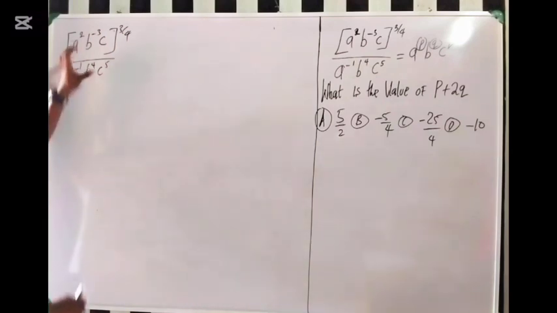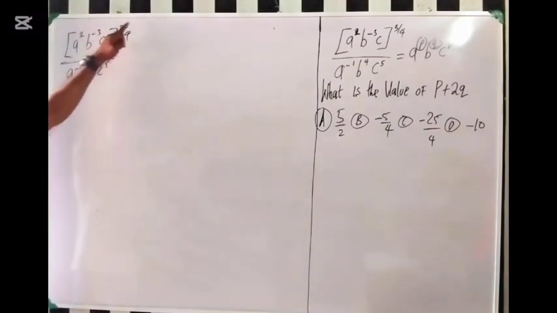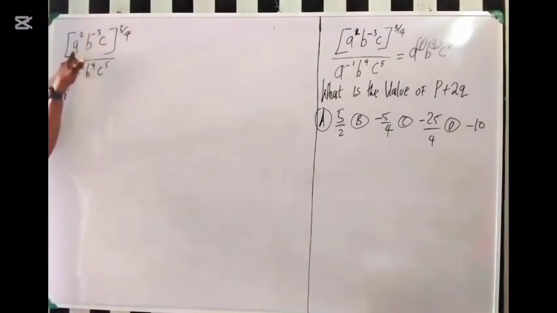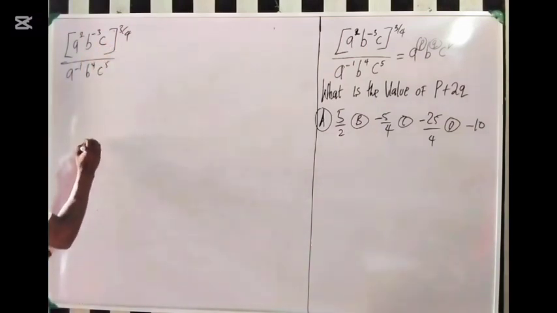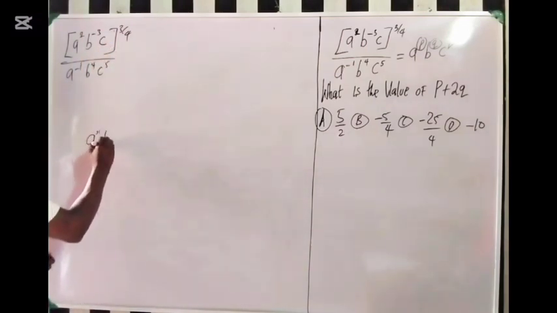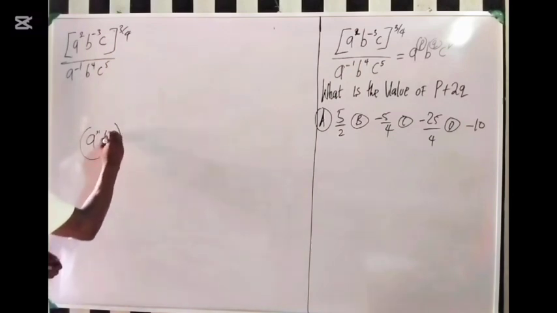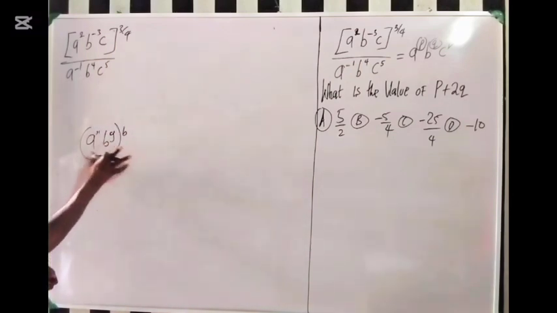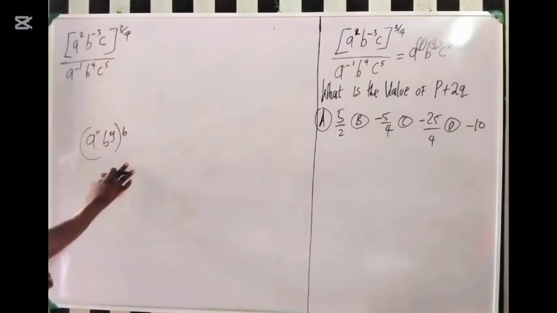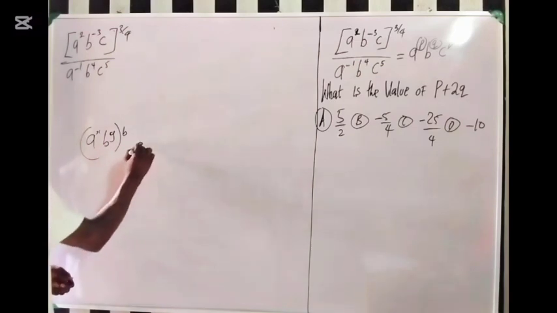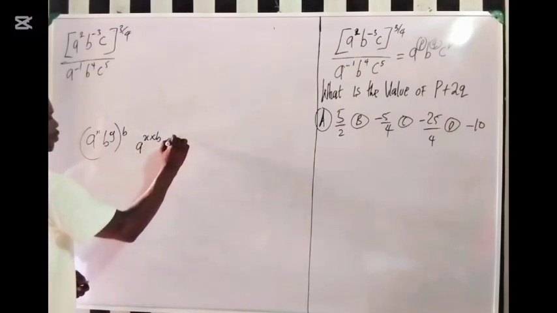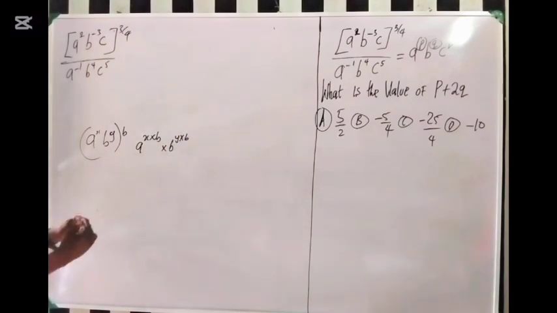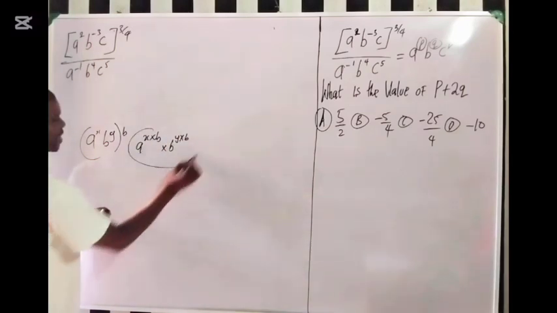Now, the first thing to do here is to open this bracket. Remember, this power will affect every term inside. Just like we have A^X, B^Y, all raised to B. If you open the bracket, what will happen to the indices? Here we have A^X times B, and B^Y times B.